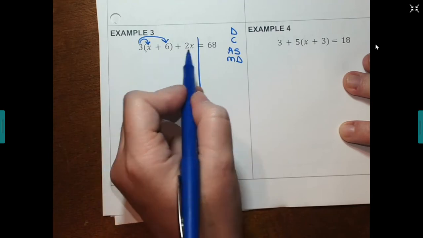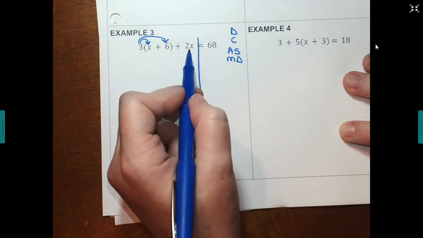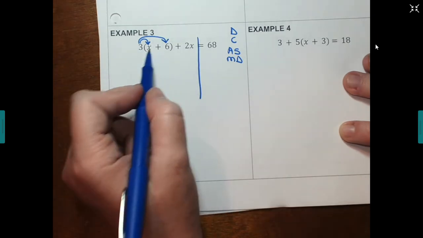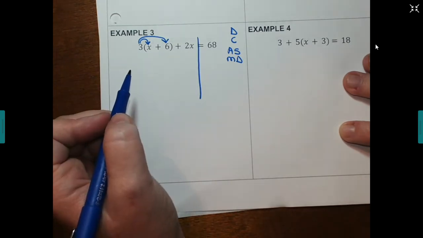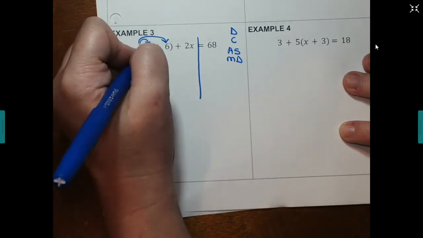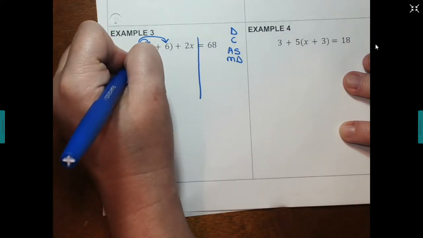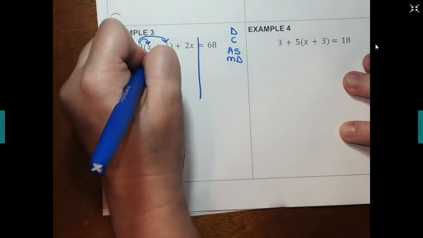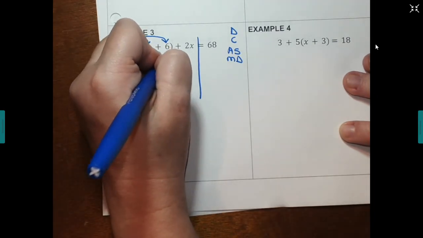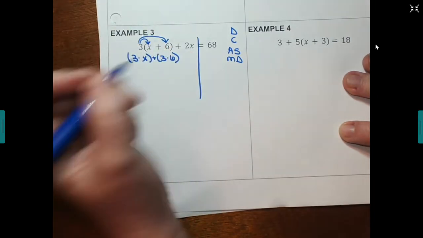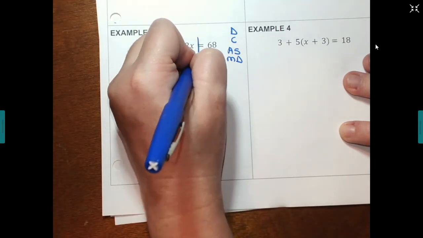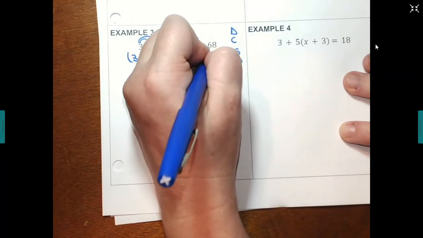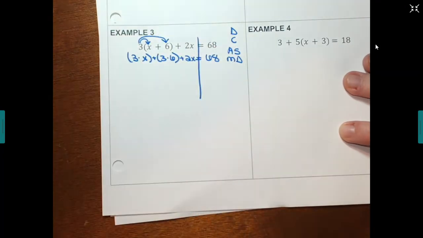Now, I do not distribute my 3 to my 2x. It only goes to the terms inside of the parentheses. Okay? So this turns into 3 times x plus 3 times 6 plus 2x. That 2x still has to stay there, though. Equals 68.